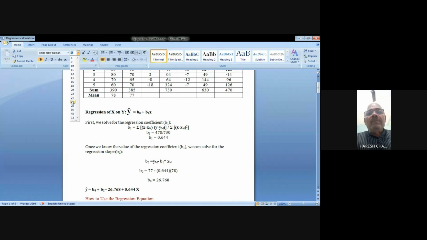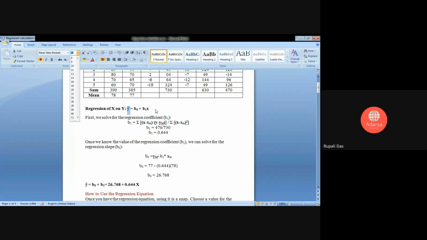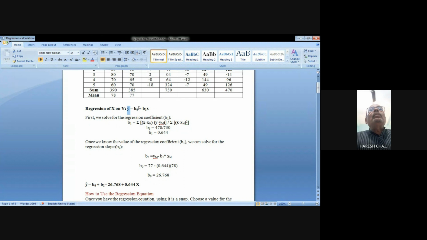Now y hat is equal to b0 plus b1x. That is the regression equation. X is your mathematics mark, y hat is your predicted science mark.